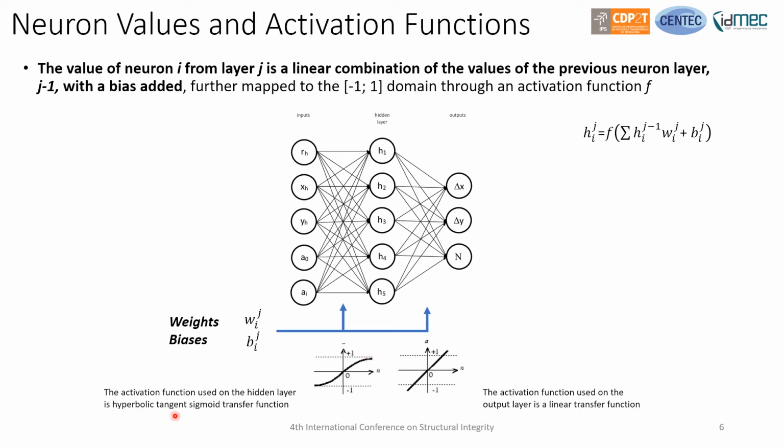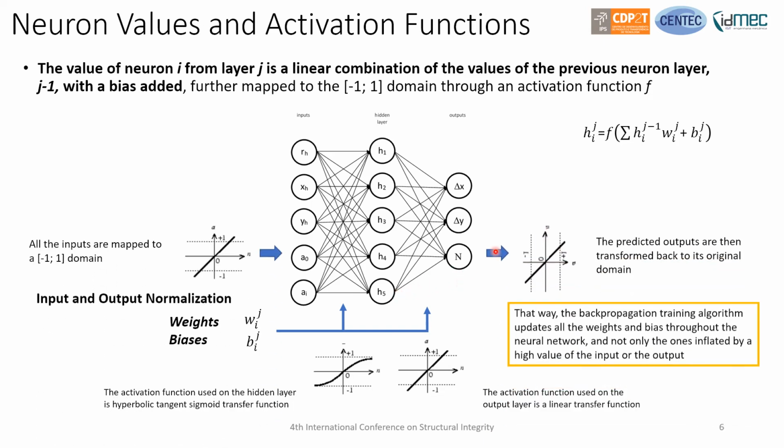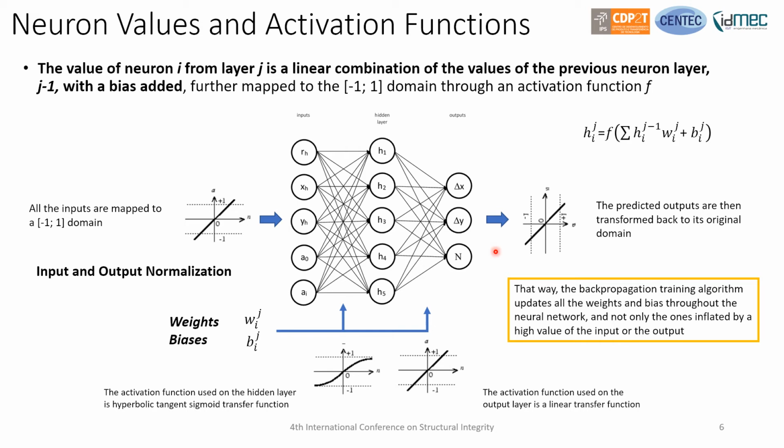The hyperbolic tangent sigmoid function is used between the input and the hidden layer, and the linear between the hidden and the output layer. It's also very important to guarantee that both the inputs and the outputs are normalized. This is important in order to guarantee that the backpropagation training algorithm updates all the weights and biases throughout the neural network, and not only the ones inflated by a high value of the input or output variables.